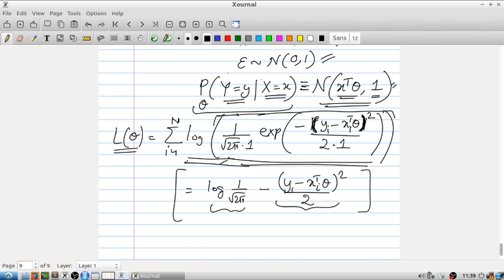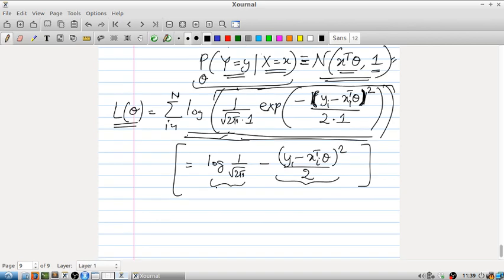Log of 1 by square root 2 pi is some constant, some number, but I don't know what it is. So L of theta, I'm going to use the notation proportional to, by this symbol. Okay, it just means that I'm ignoring that initial first term. It's proportional to minus the sum over i equals 1 to n of (y_i minus x_i transpose theta) square.